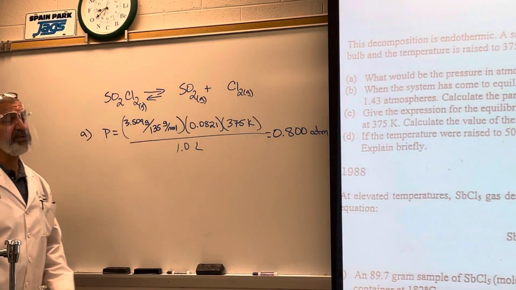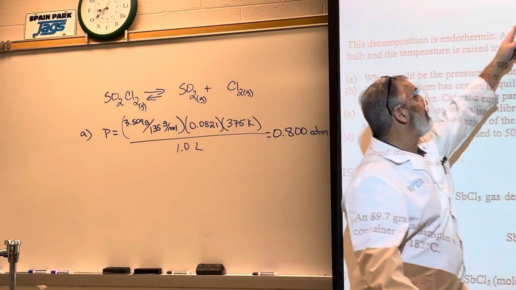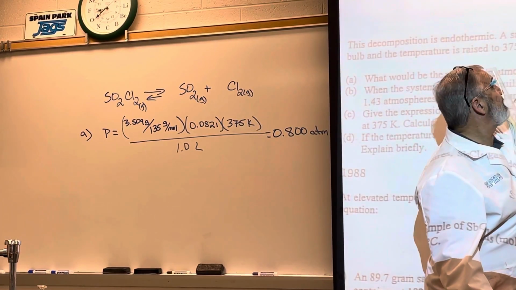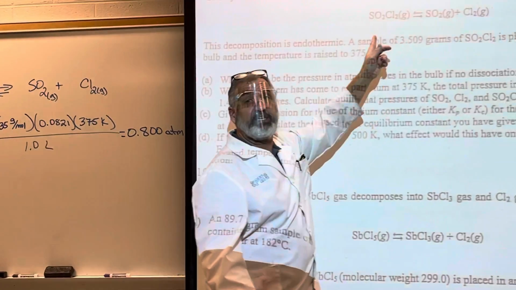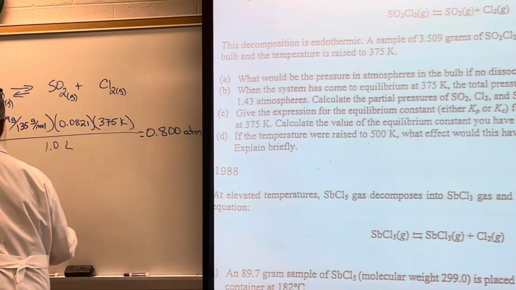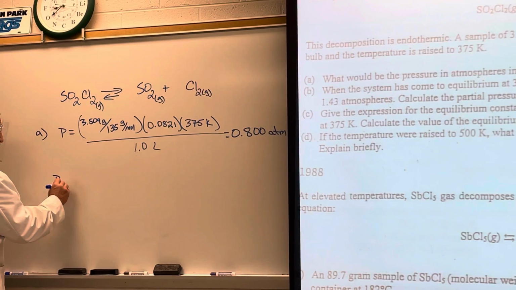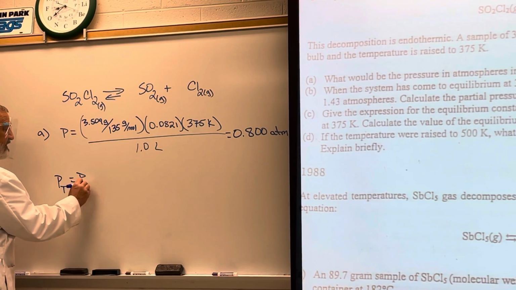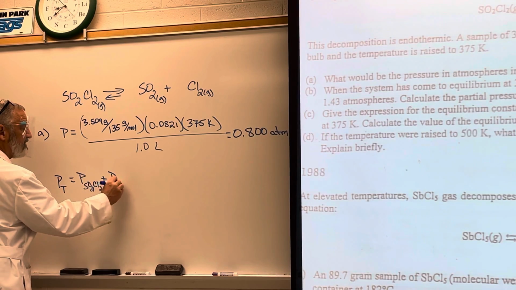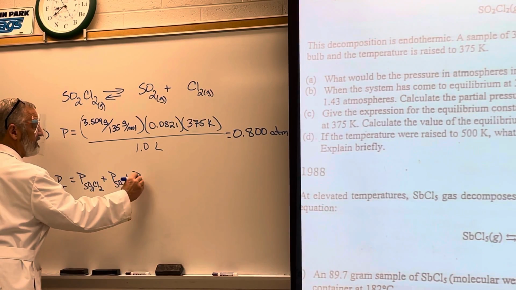All three of them, right? Because it's going to equilibrium, not all of this reacts. So we're going to have some of this, and some of that all in there. So my total pressure is equal to the pressure of the SO2Cl2 plus the pressure of the SO2 plus the partial pressure of the Cl2.